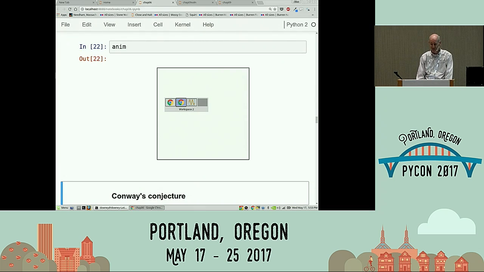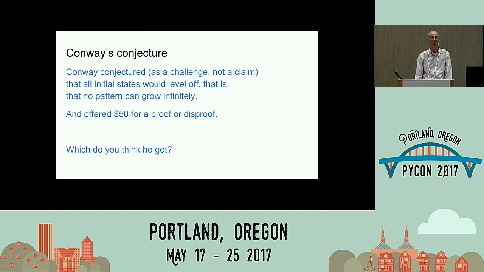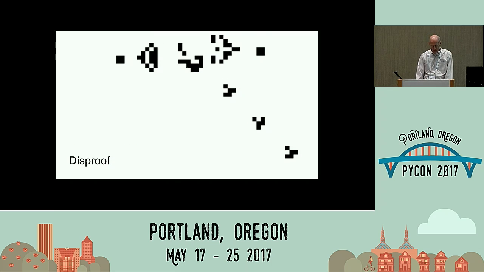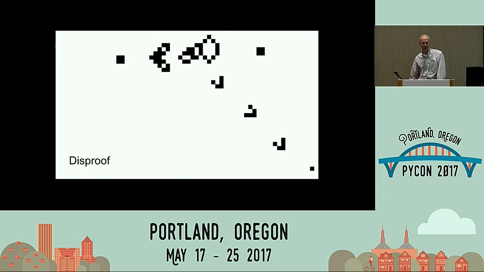And I'm curious, I suspect since many of you have seen Game of Life, you probably know that Conway's conjecture was in fact refuted and he had to pay his $50. Now, I should say, I think Conway probably would have guessed that these patterns would exist. He just wanted to prompt people to find them. Bill Gosper is, I think, the first person.